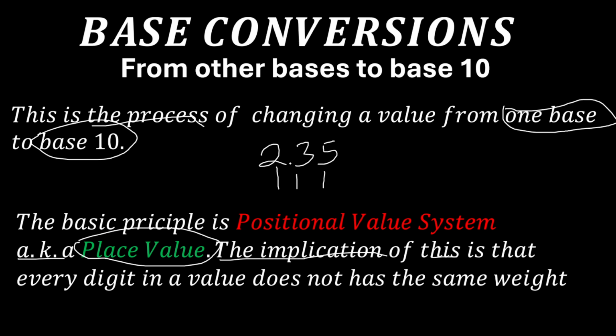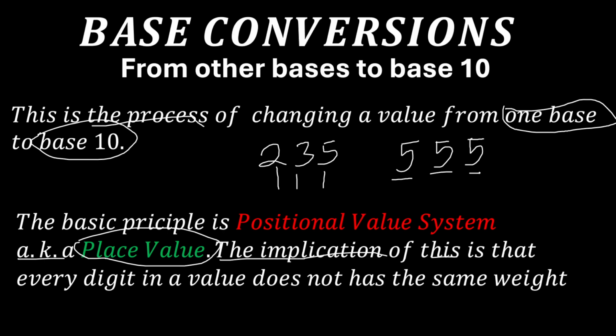This one will confuse you. Another one is this: 555. Now you will see that this is the same digit, but they don't have the same weight because they don't occupy the same position.